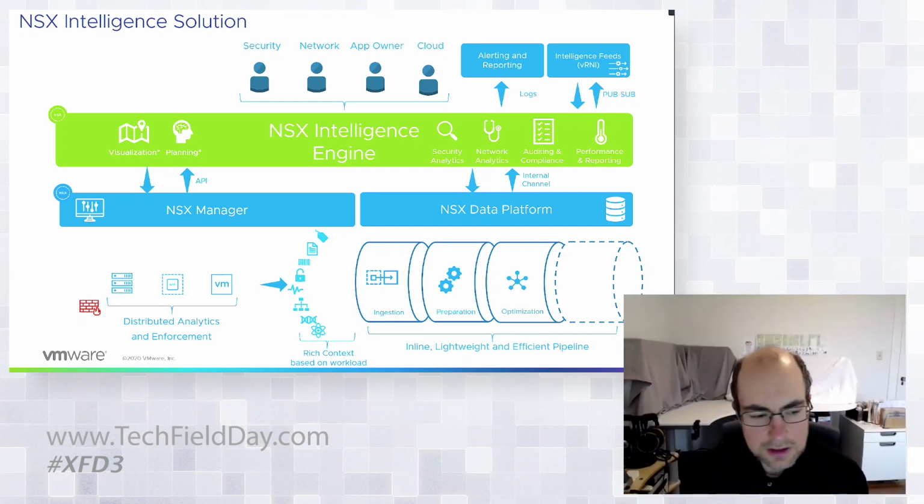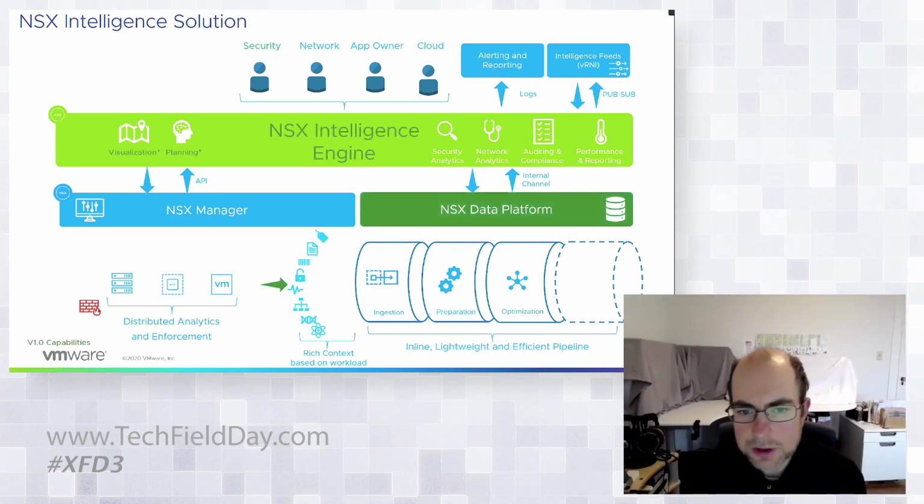Actually, that does also touch on one of the enhancements we're working on for NSX Intelligence, which is real-time auditing and compliance. That could be auditing or compliance around different standards that you need to meet, like PCI, HIPAA, etc. But it could also be general reporting of your environment.